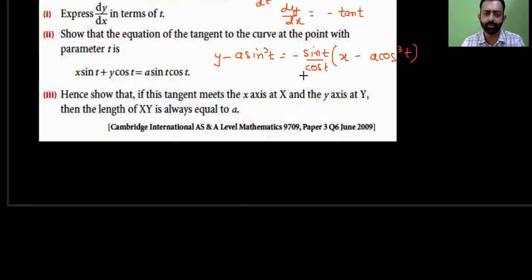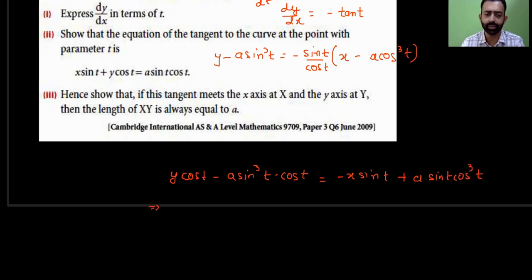Let us take the LCM. This cos t will get transferred to the LHS. So you have y cos t minus a sine cube t into cos t, this is equal to minus x sine t plus a sine t cos cube t.